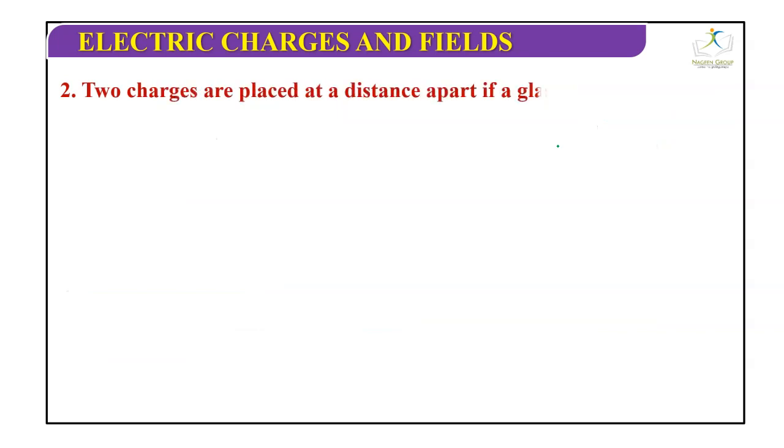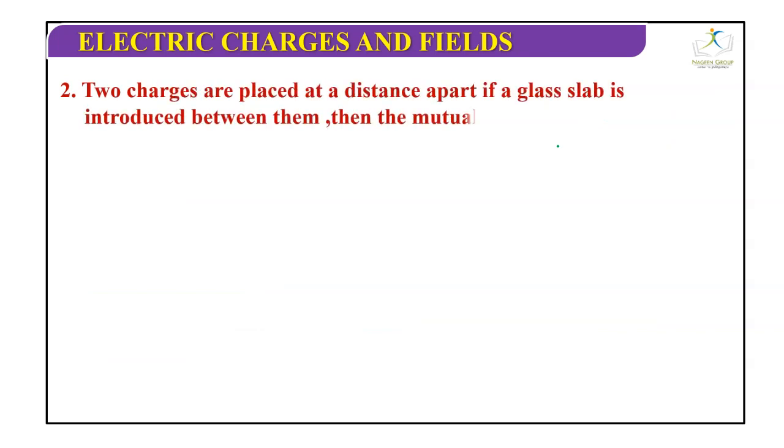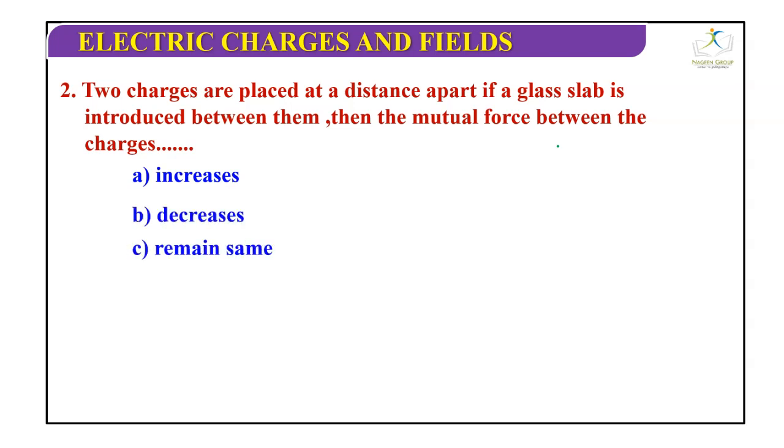Moving ahead with the next question. Two charges are placed at a distance apart. If a glass slab is introduced between them, then the mutual force between the charges will increase, decrease, remain the same or become zero. The correct answer for this question will be decrease. How will this decrease? I just want to elaborate here.